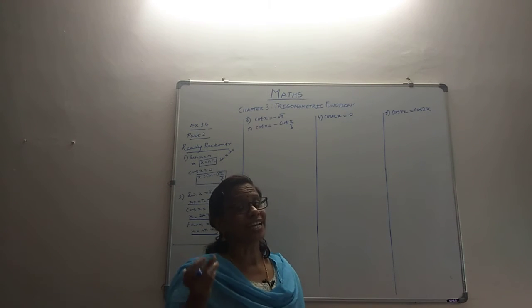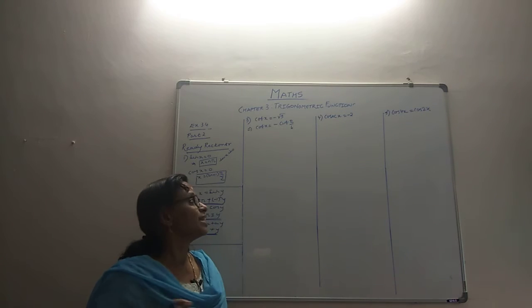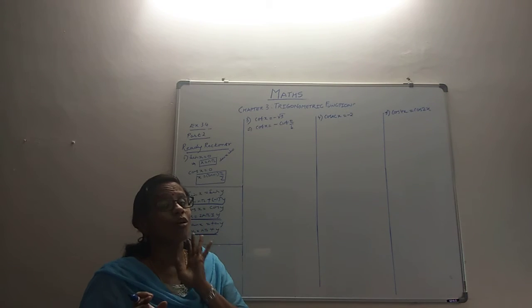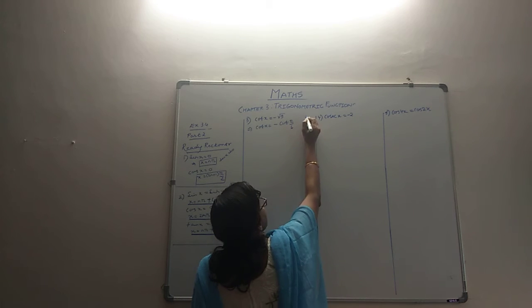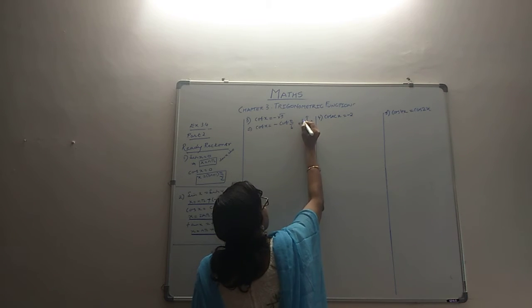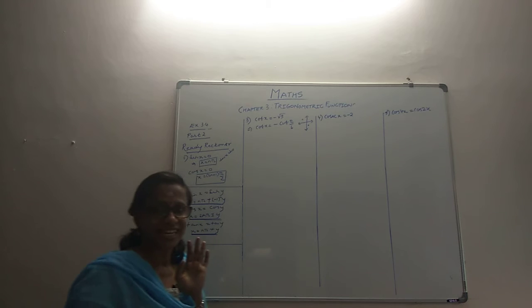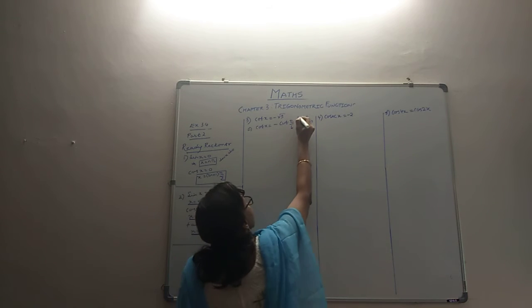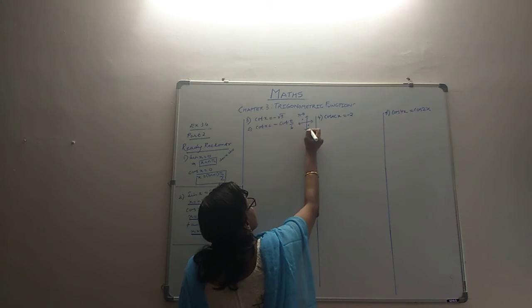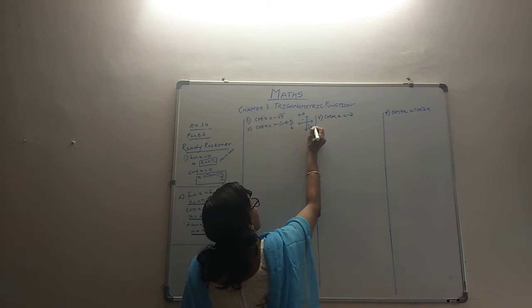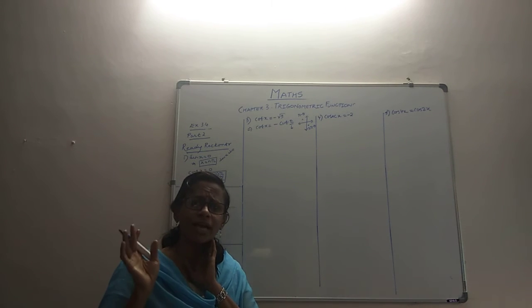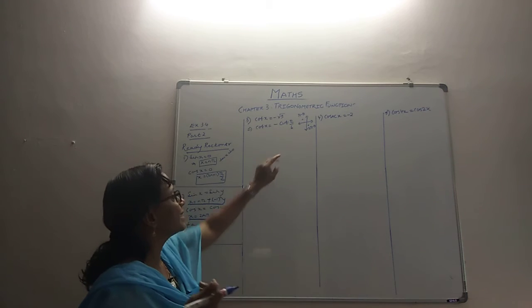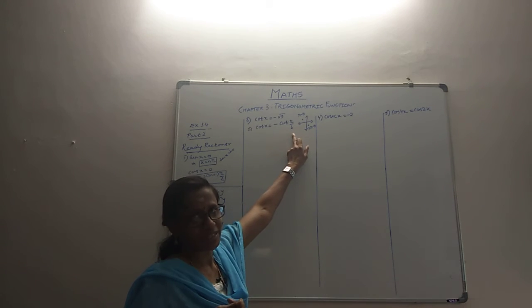So how do we get this? It's very easy. The idea is in which quadrants cot is negative. Cot is negative in the second and the fourth quadrant. In the second quadrant, every angle is of the type pi minus theta. In the fourth quadrant, it is of the type 2 pi minus theta. That's all, you've got both the angles. And theta, by and large, is going to be pi by 6.